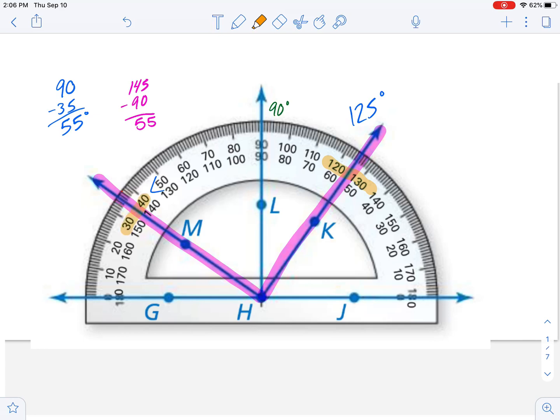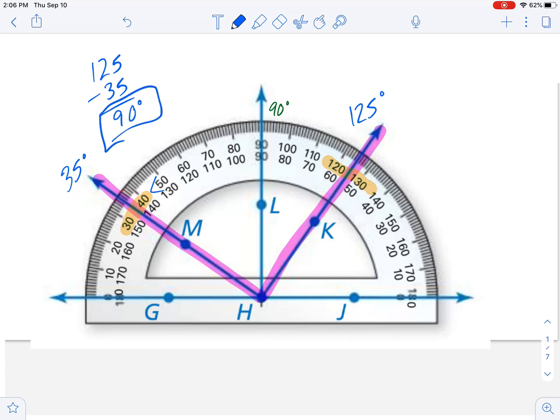And then on the other end, again, we're halfway between 30 and 40, which we said was 35. So if I'm finding the difference between 125 and 35, well, 5 minus 5 is 0, 12 minus 3 is 9. So that would be a 90-degree angle.